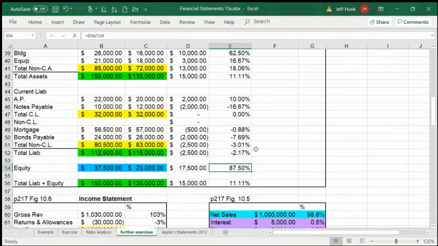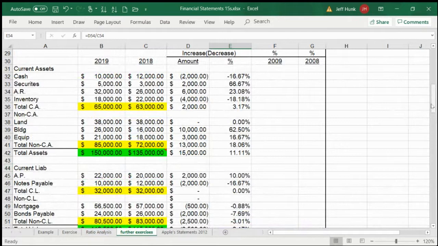But all of this decrease in debt is more than outpaced by the increase in equity, right? And then eventually, therefore, your total liabilities and equity increased by 11.11%. That's what's important, because it has to balance out with the total asset side, and it balances out, right? So this is called horizontal analysis.